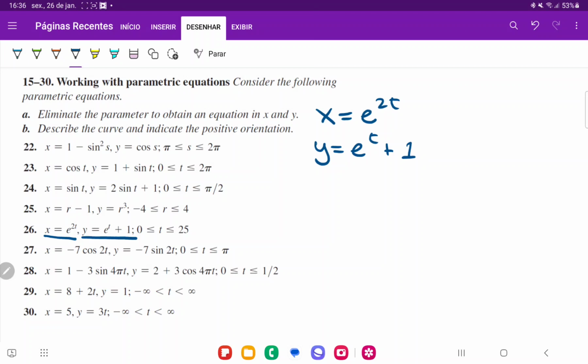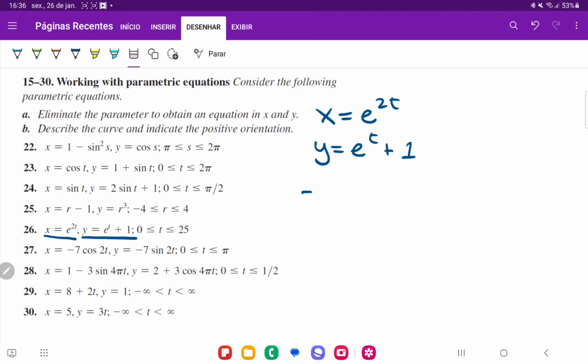Like you can take the ln of both sides for the first equation, but I'm not going to isolate t at first. What I want to do is isolate e to the power of t as something in terms of x, because if I do this, then I can plug it into the y equation.